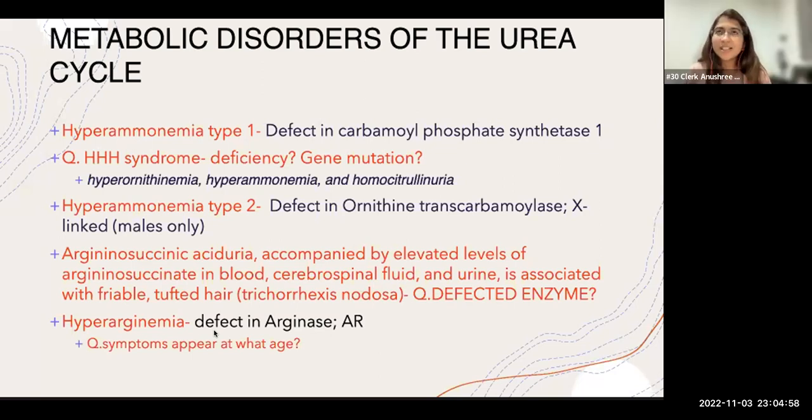In all other conditions, it's generally seen immediately after birth, or a few days or few weeks. But in this one, 2 to 4 years, because I told you that arginine was not so toxic, right? It has already been modified. It just had to release urea. So it was not so toxic. Hence the symptoms appear late. Please take down note that it occurs around 2 to 4 years.